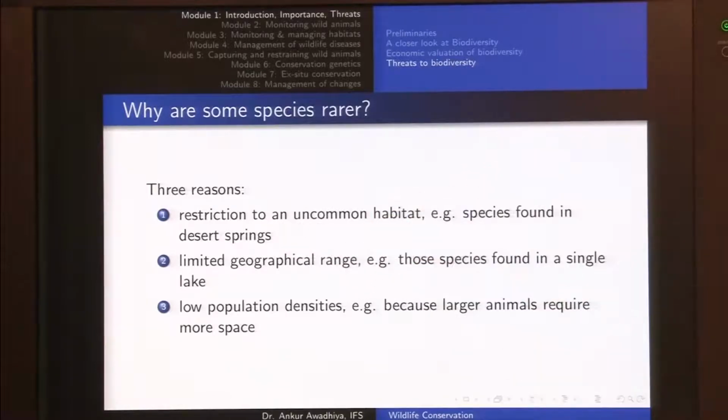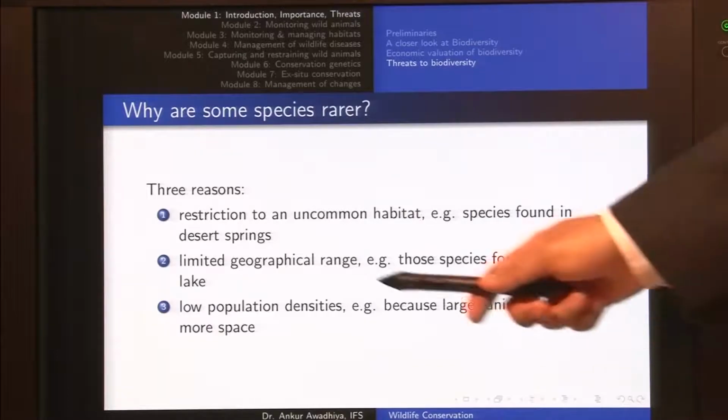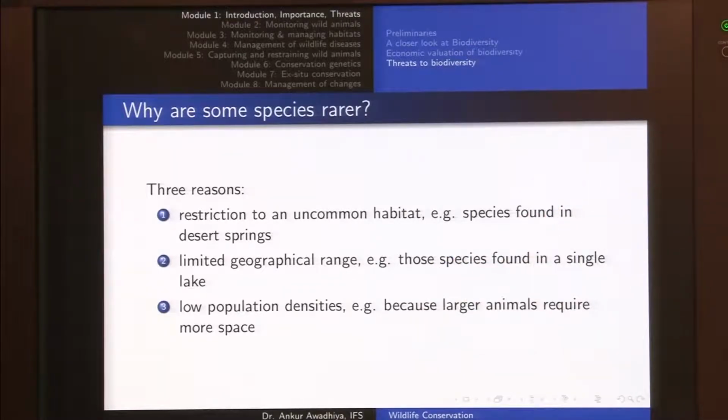Now, deserts are areas that have very little water, and these springs are found very haphazardly and in very few numbers. Now, if there is a species that requires a desert spring as its habitat, then just because these desert springs are not common, the species will also not be common. The second reason is a limited geographical range.